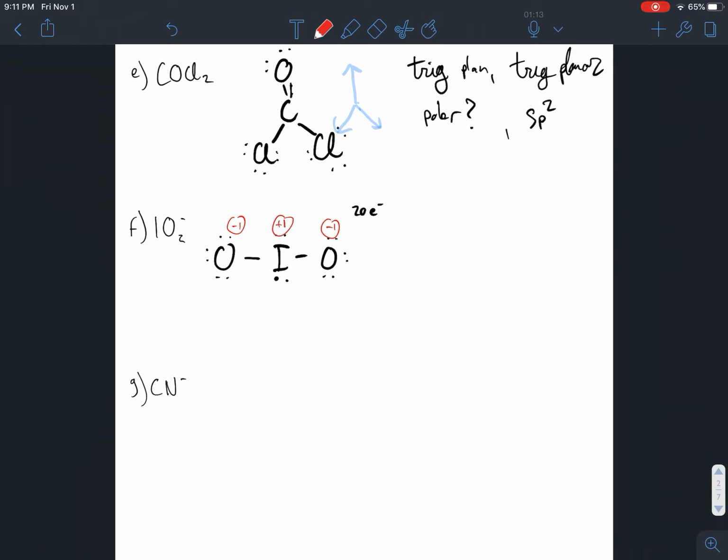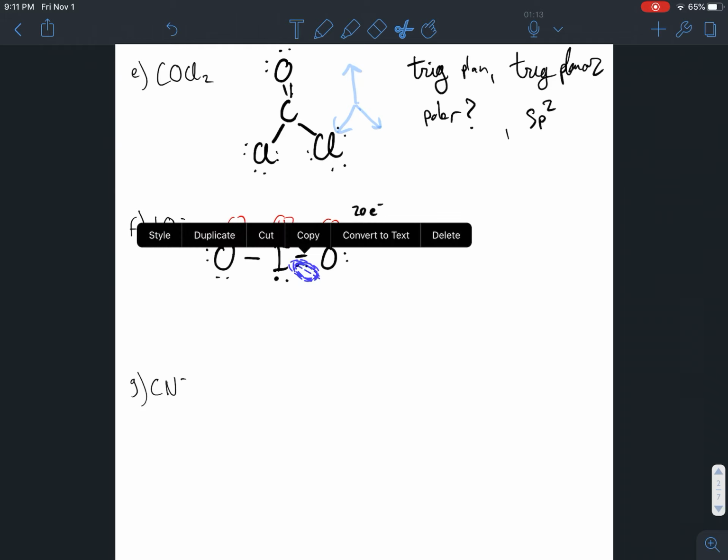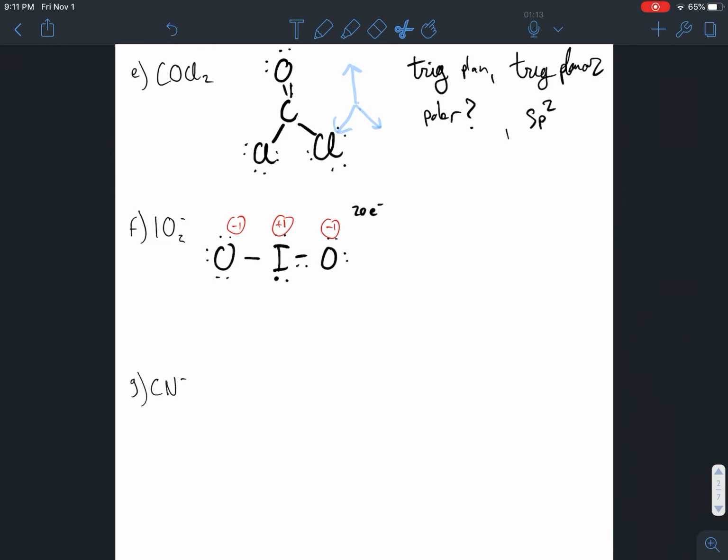I think that these electrons go right there, and they're shared, which would make iodine have 7. It's an expanded octet, but iodine can do that because that's iodine.